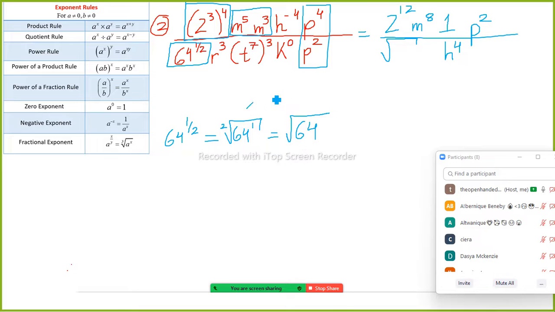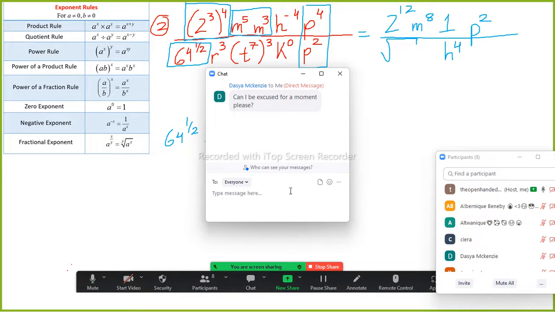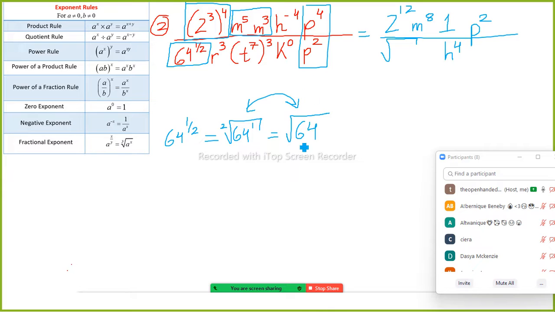Any number higher than 2 we write. The square root of 64 is definitely 8.